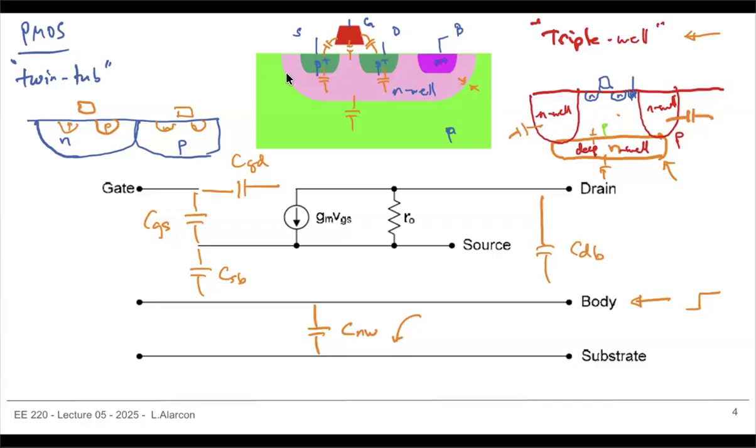You can imagine that as long as you have a p-n junction, you will have capacitances. Now the question is whether that capacitance is going to be relevant to what you're doing or not. It depends on the voltage across the capacitor. If the voltage across the capacitor is always zero, or if it is static, always DC and does not change, then it's probably not going to matter.